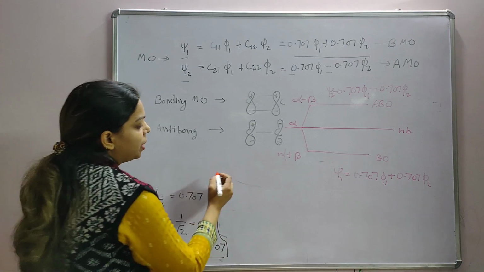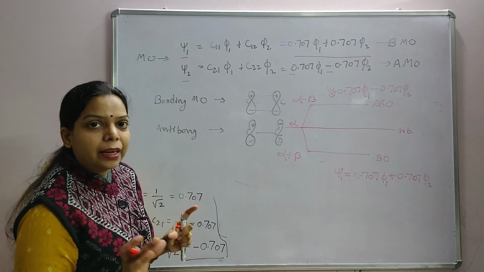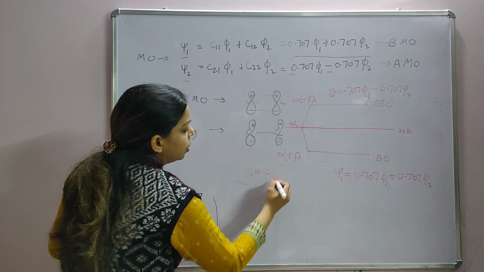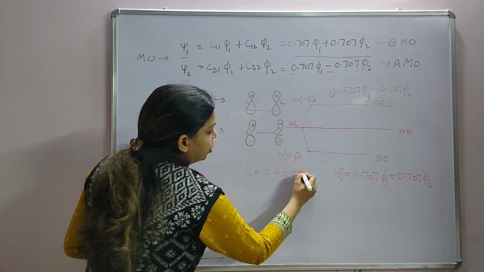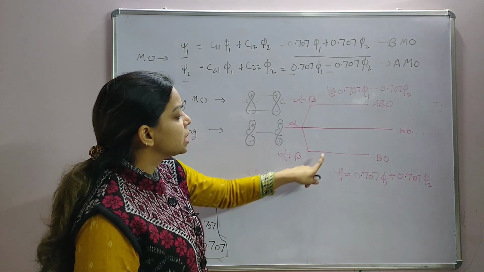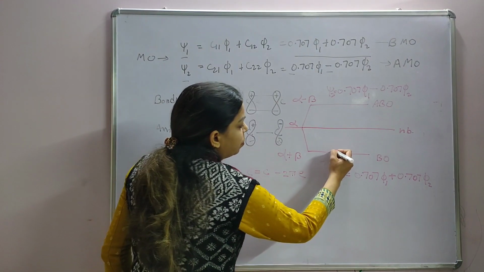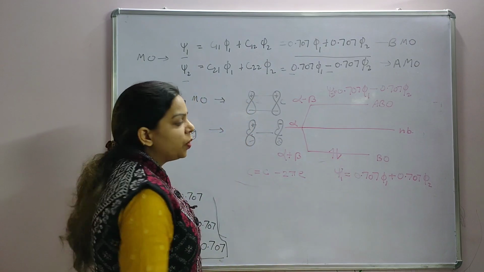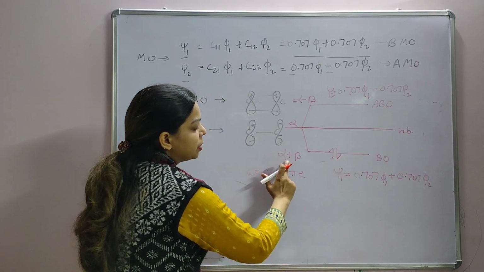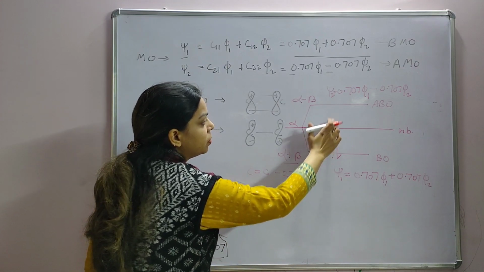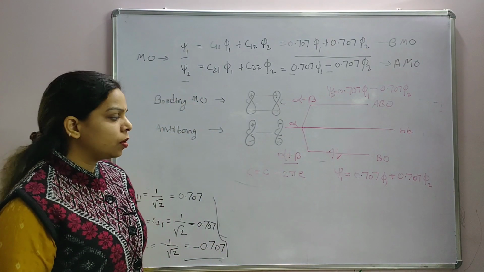Now see how many pi electrons are present in our system. In C double bond C, we have 2 pi electrons. So when we fill the electrons in these energy levels, we do it this way. We have 2 electrons in the alpha plus beta energy level and 0 electrons in the level above. Alright.